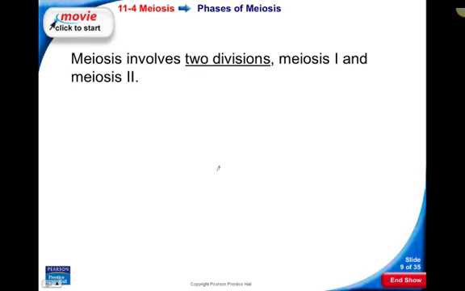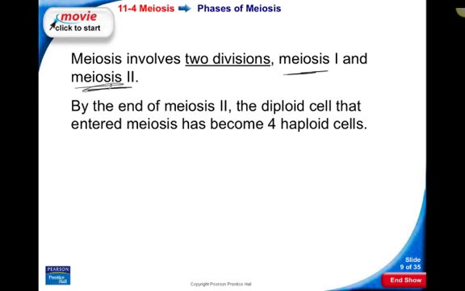It involves 2 divisions, meiosis 1, followed by meiosis 2. By the end of meiosis 2, the diploid cell that entered meiosis will become 4 haploid cells.